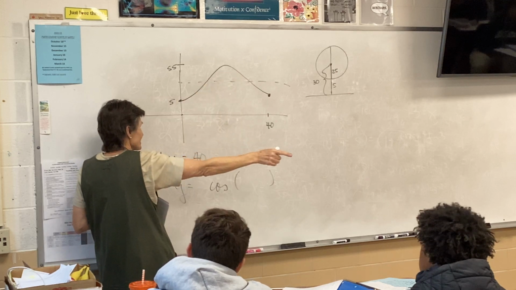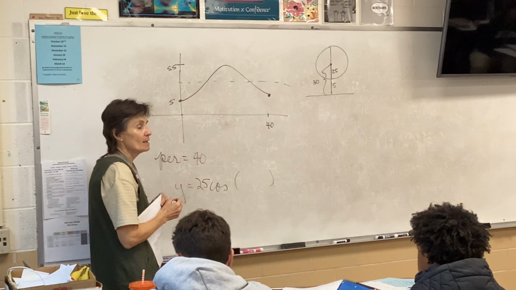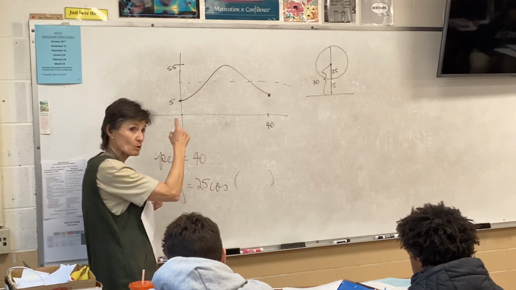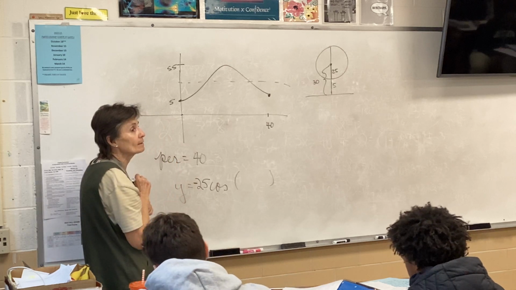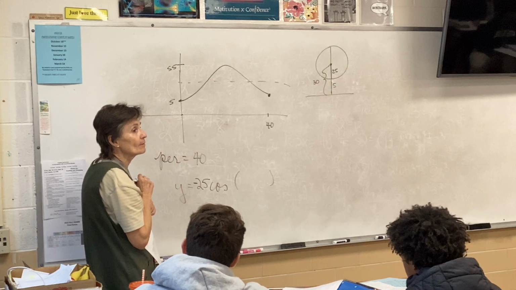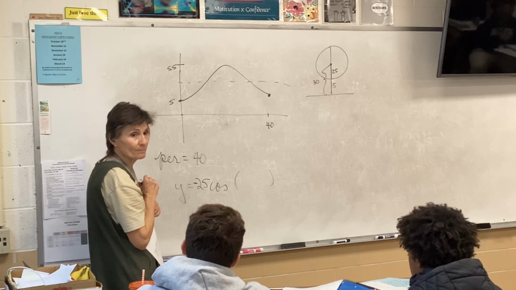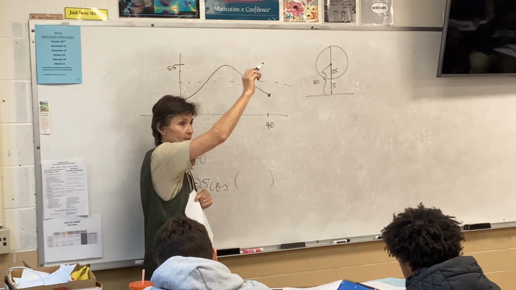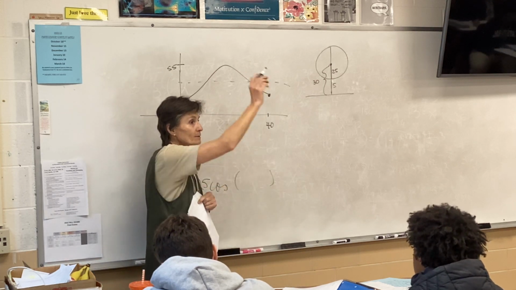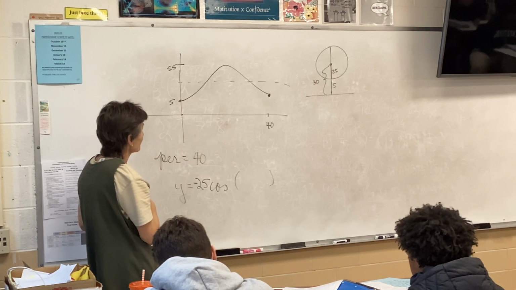And Lewis says the amplitude's 25, is he right? But if I'm writing this equation, I better make that a negative, because why? The curve is upside down, right? What do cosines look like normally? Start up here, go down. This one's starting at the bottom, so it's a negative cosine curve.